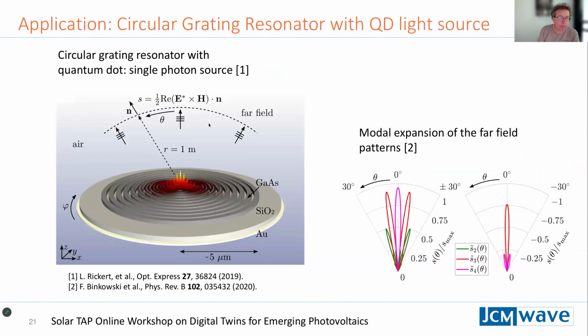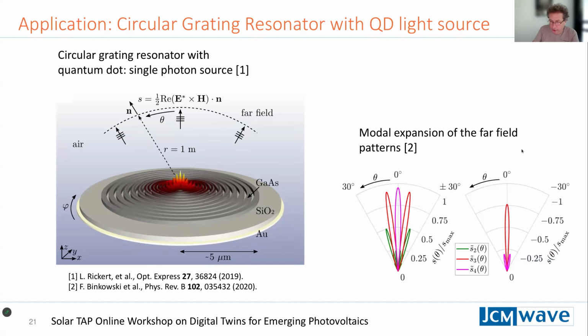Okay. So another example for that is circular grating resonators, where you have these circular gratings, and here we also show a modal expansion of the far field patterns. So even though it's in the far field, we can use our computations to get an accurate representation of say the origins of the light field in the far field in the different modes in the structure, which then again can be used to optimize the structure.